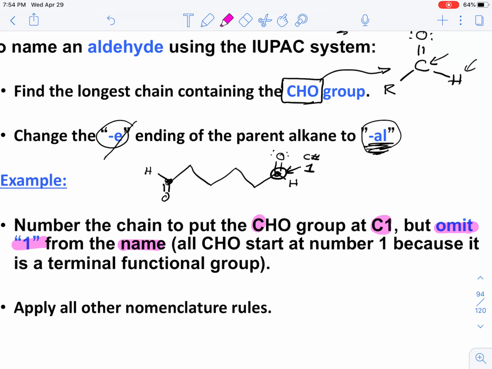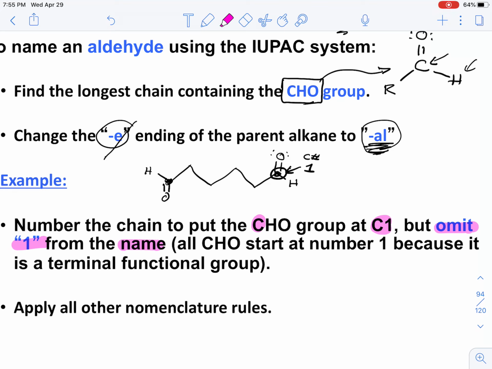Okay. It's very similar to cyclic alcohols, where the moment you have a hydroxyl group on your cyclic alcohol, that carbon that has a covalent bond with the hydroxyl group, that carbon is always carbon number 1. And so to reduce redundancy in the name of that specific organic compound, that number 1 is going to be omitted. Same scenario here.